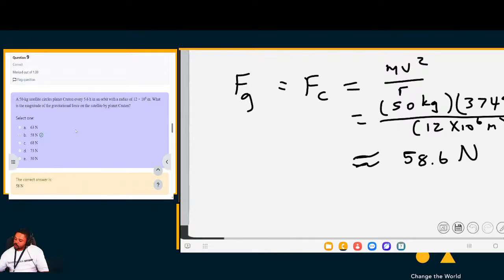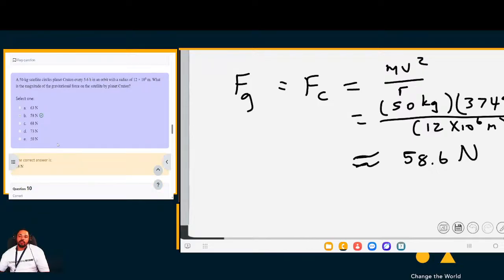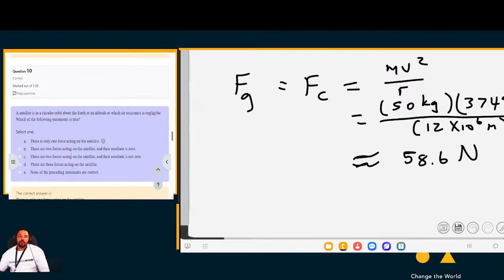The unit is kilogram meter per second squared. That is the newton. Okay, so 58.6. And you'll see here that it is indeed 58.6 newtons.